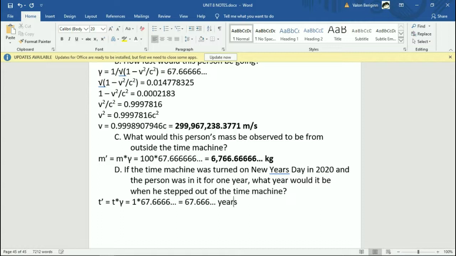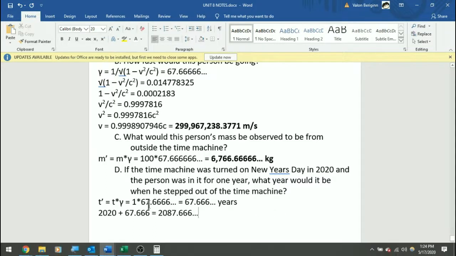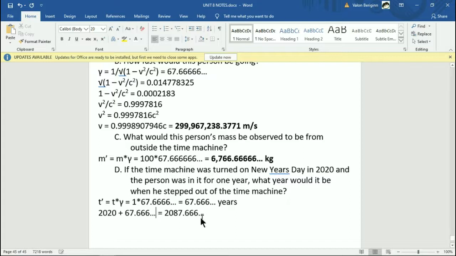67 years. Okay, so now the question though was, what year would it be? If this amount of time has passed, and you started in 2020, it's that many years. But the question is, what year is it?